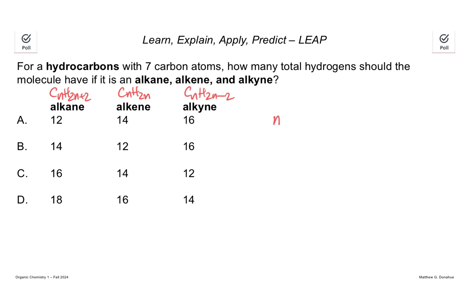So if we have n equals 7, 2n+2 for alkane, so 2 times 7, 14 plus 2 is 16. And then you can see that we're just subtracting 2 off for each one. So that should be C.